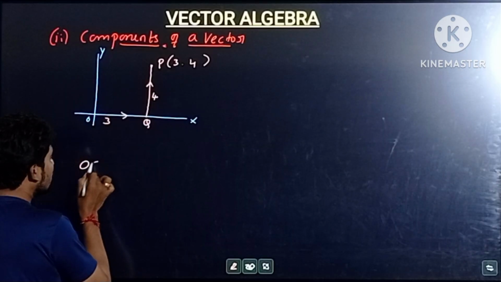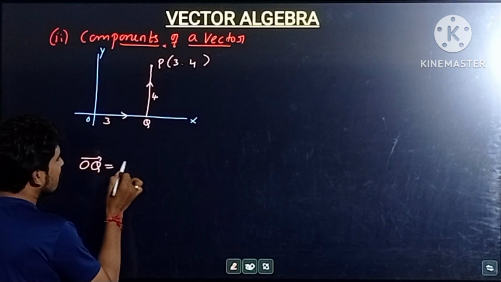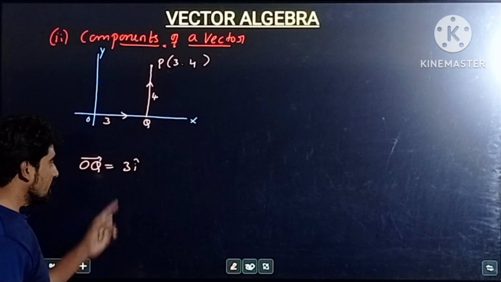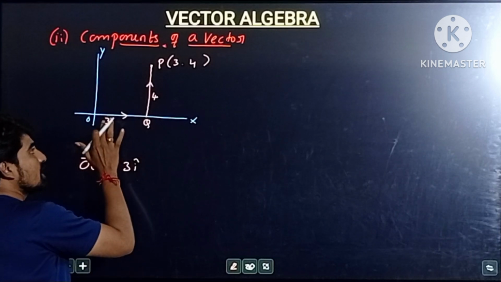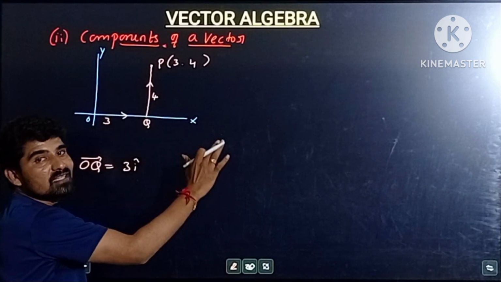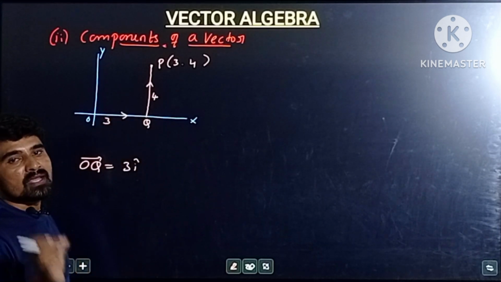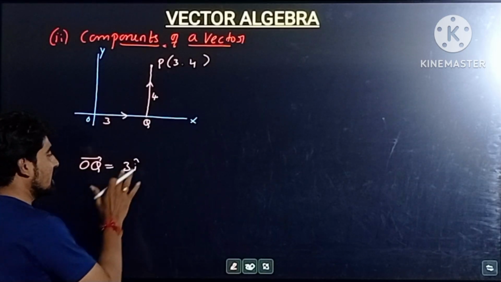But the OQ vector should be equal to 3 times i cap. We inserted i cap here because he is walking along the x-axis, and we know that the unit vector along the x-axis is i cap.